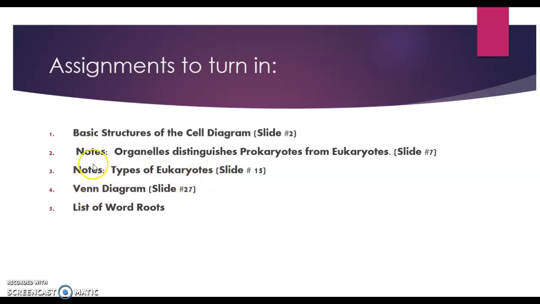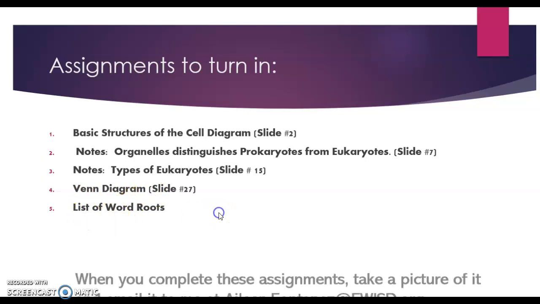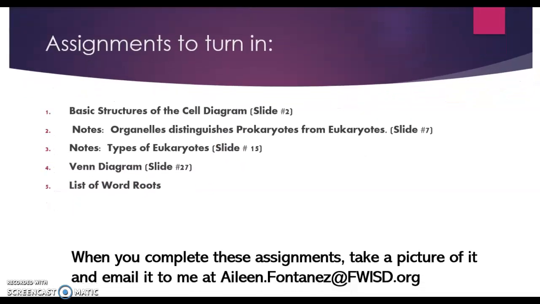One thing that I forgot to put in here, but I already told you to do it, was the list of organelles and their functions. The Venn diagram that we just finished, and the list of word roots. So once you're all finished with that, you're going to take a picture of it and email it to me.